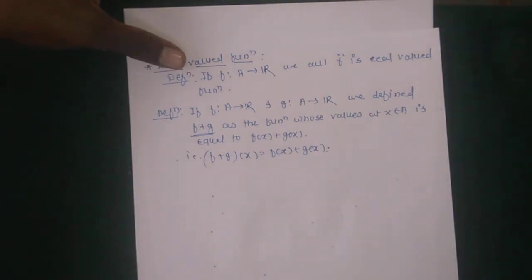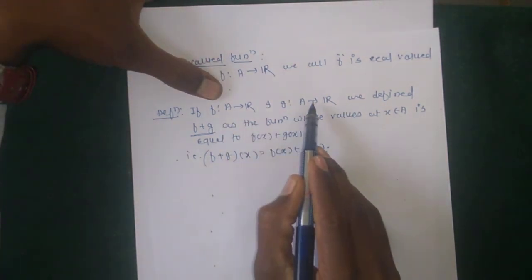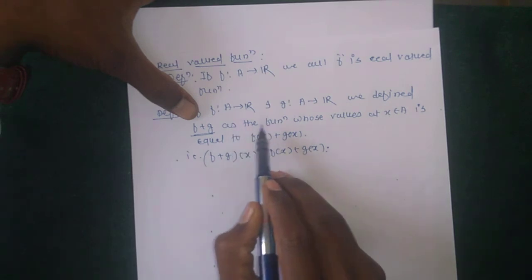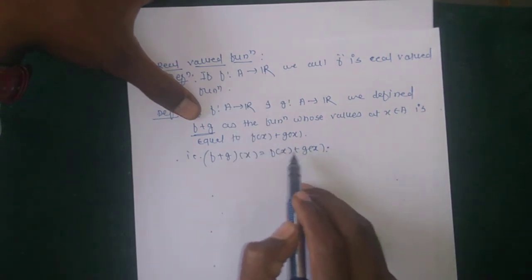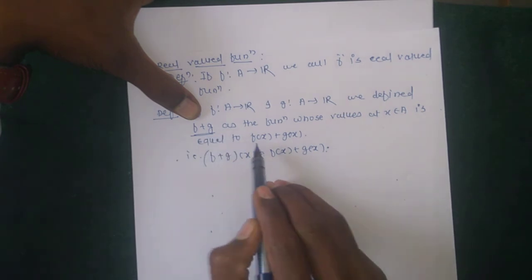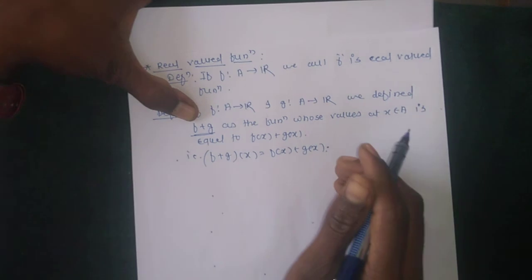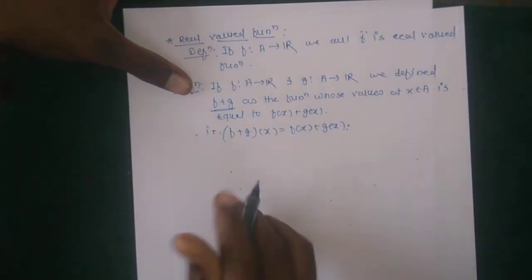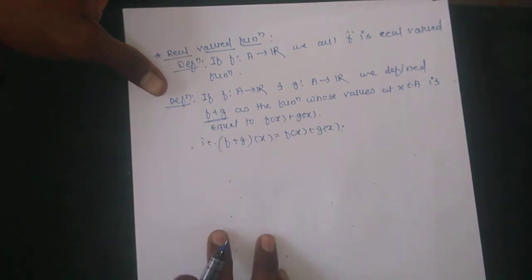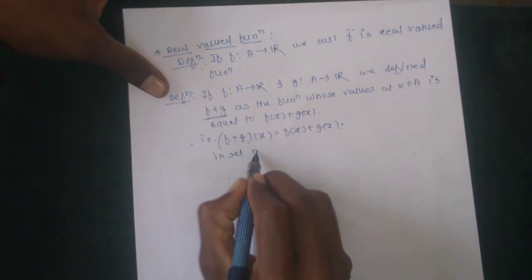the sum of the functions' values. So here f from A to R is defined and g from A to R, then the addition of two real valued functions is defined in the form f of x plus g of x. Okay, f plus g is a function from A to R, which can be written in set notation.